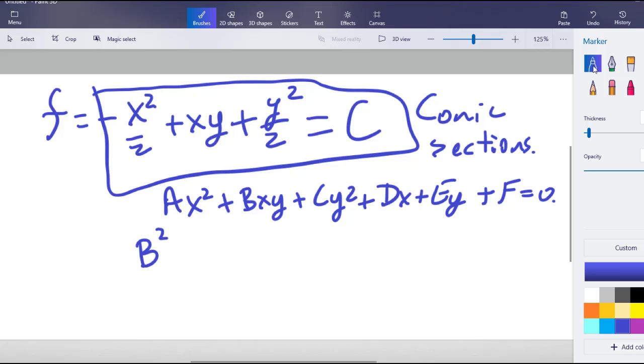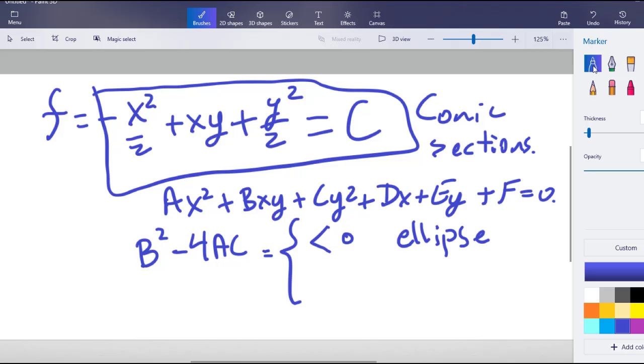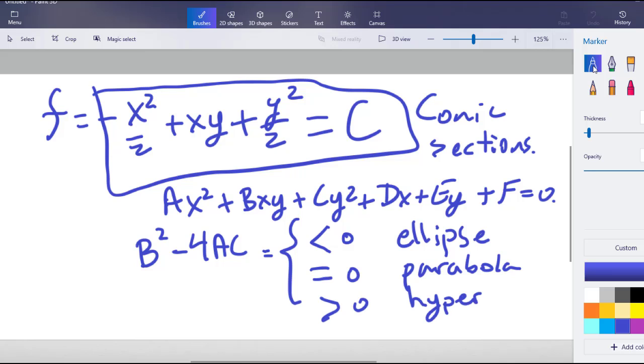And you can figure out what kind it is by looking at b squared minus 4ac. If that's less than 0, then it's an ellipse. If it's equal to 0, it's a parabola. And if it's greater than 0, it is a hyperbola. Do you remember this from pre-calculus?